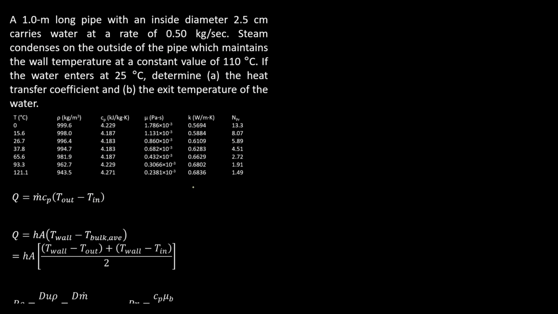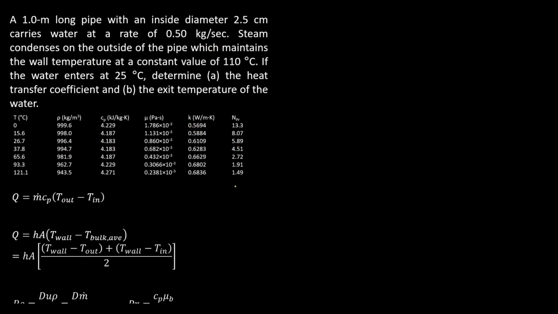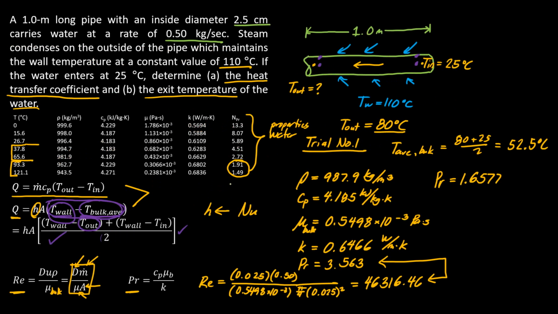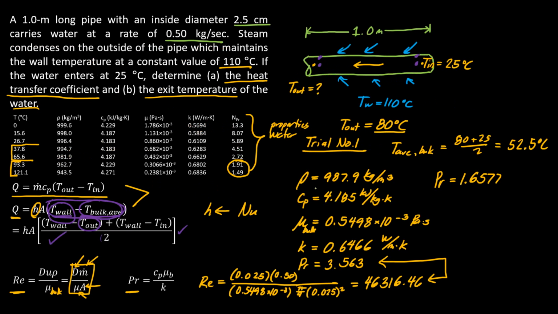Now what is our mass flow rate? 4.185. Okay, remember here the unit is in kilojoule per kilogram Kelvin.